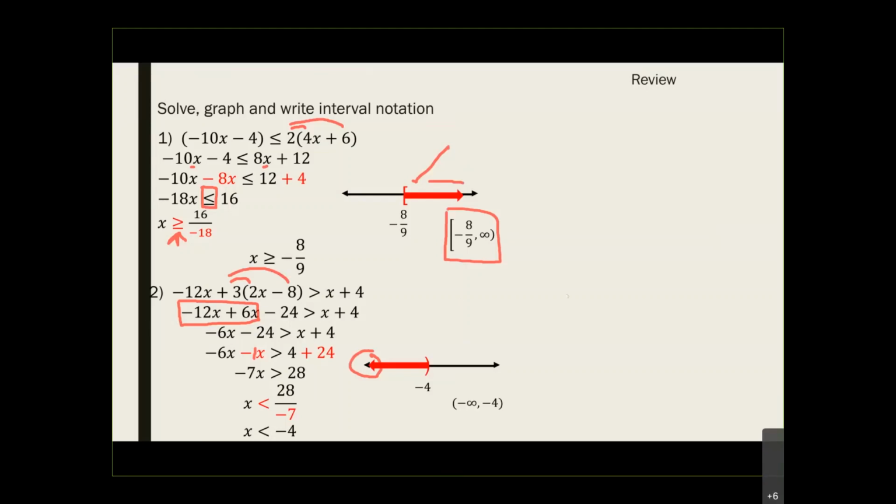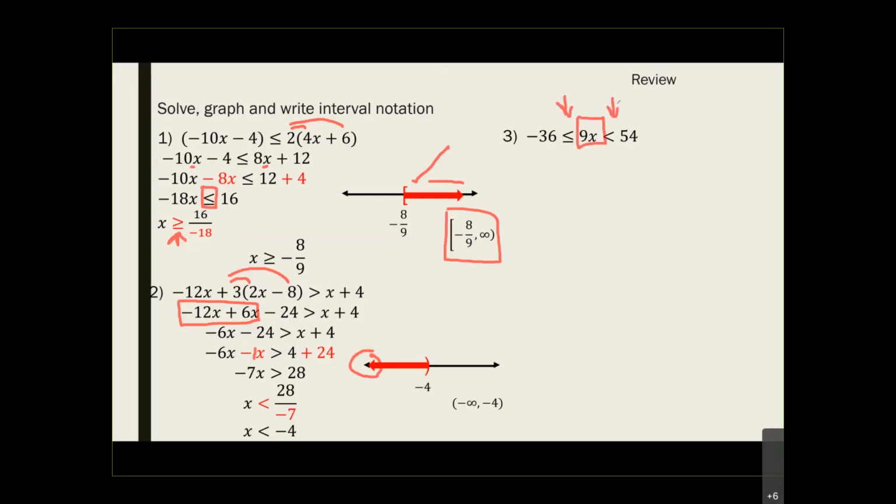But hopefully this is a review. The other thing we have is something like this. Let me go over number 3, and then I will see if you guys have a question. Reminder, what do we need to do? If you remember in class, I told you that we have a compound inequality, with an inequality on the left and on the right.